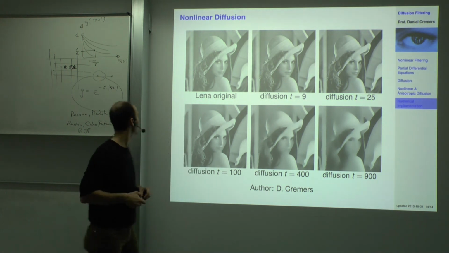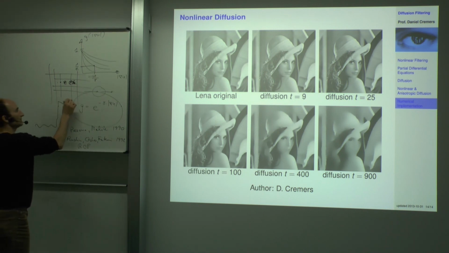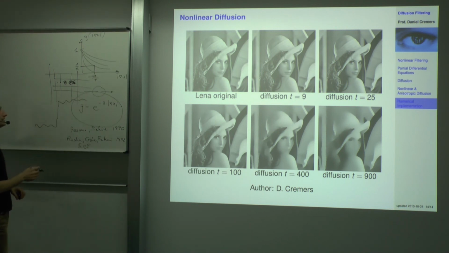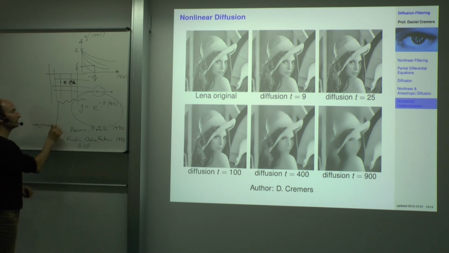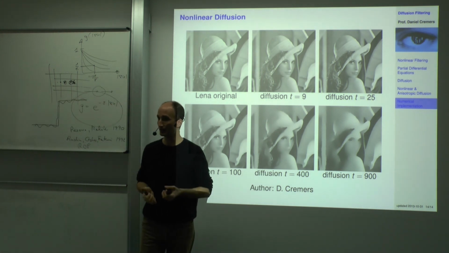So in some sense, the idea is if you have a somewhat noisy image and you want to recover the edge, not to compute the derivative of the input, but to denoise it in an adaptive way and then compute the derivative on that adaptively denoised image.